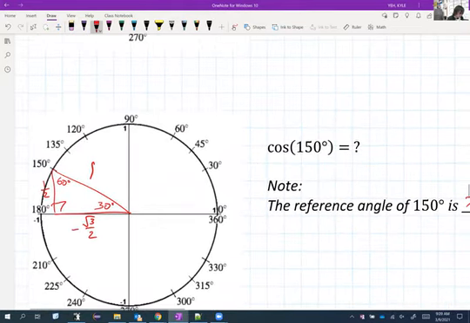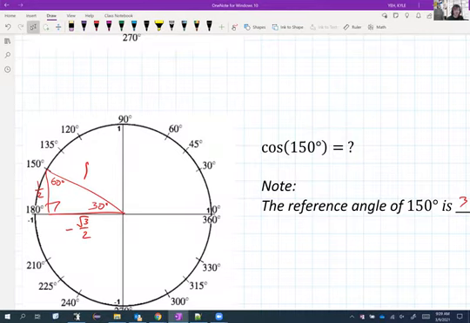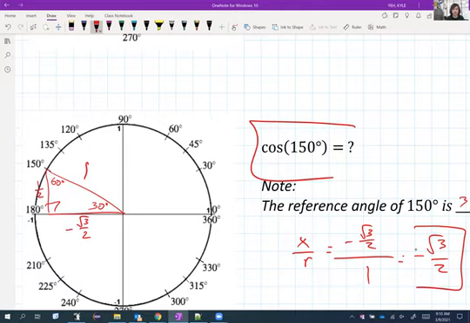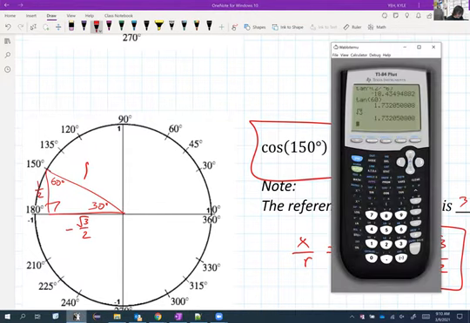We're asked, what is cosine of this? Well, cosine is x over r, which is negative root 3 over 2 over 1, and anything over 1 is just itself, negative root 3 over 2. So cosine 150, by hand I'm getting negative root 3 over 2.